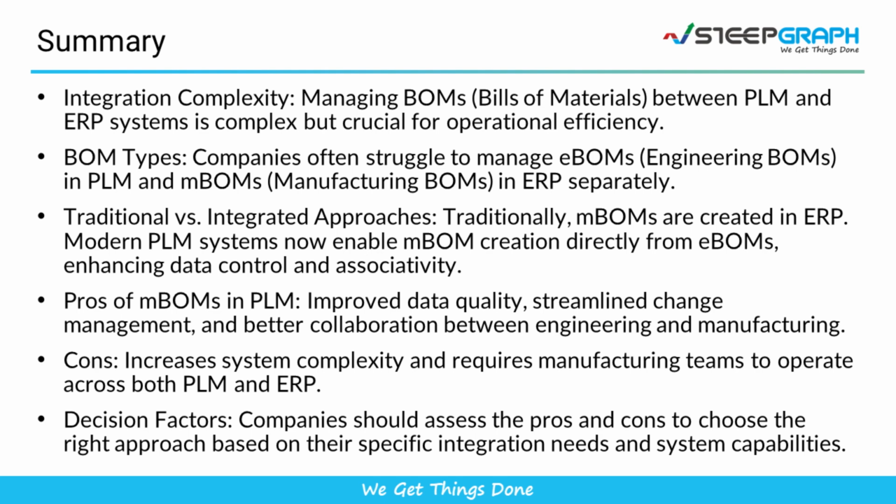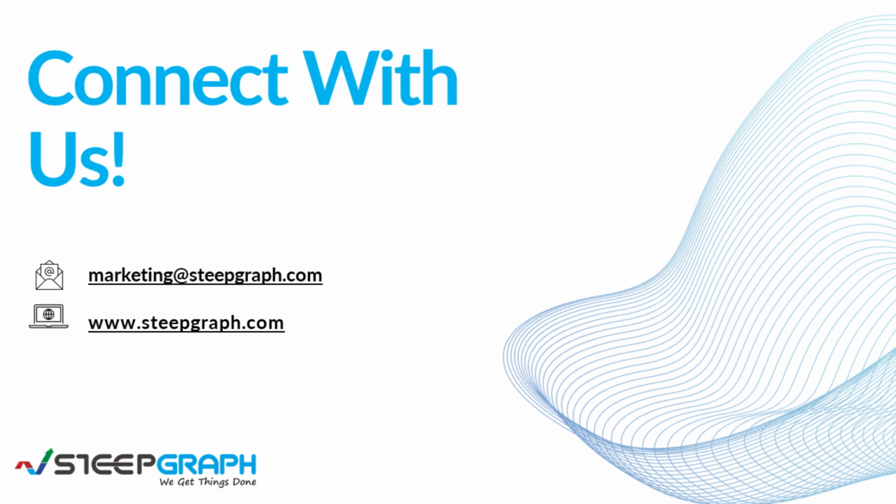Pros of MBOMs in PLM: improved data quality, streamlined change management, and better collaboration between engineering and manufacturing. Cons: increases system complexity and requires manufacturing teams to operate across both PLM and ERP. Decision factors: companies should assess the pros and cons to choose the right approach based on their specific integration needs and system capabilities.